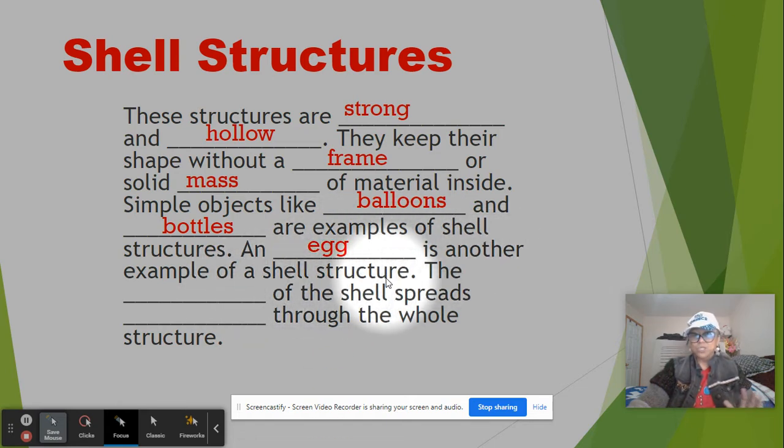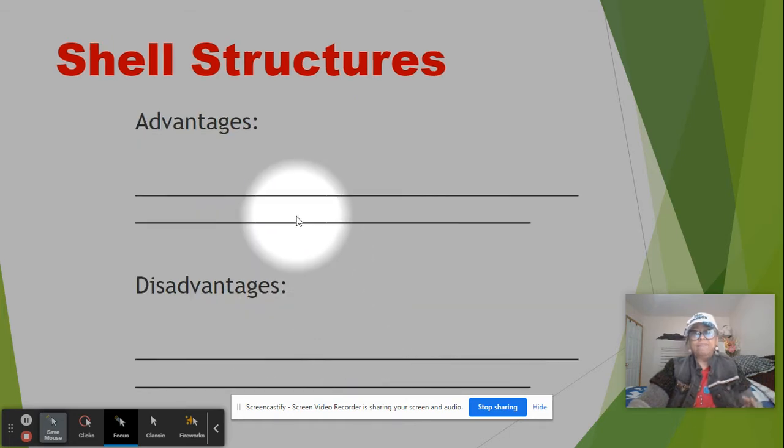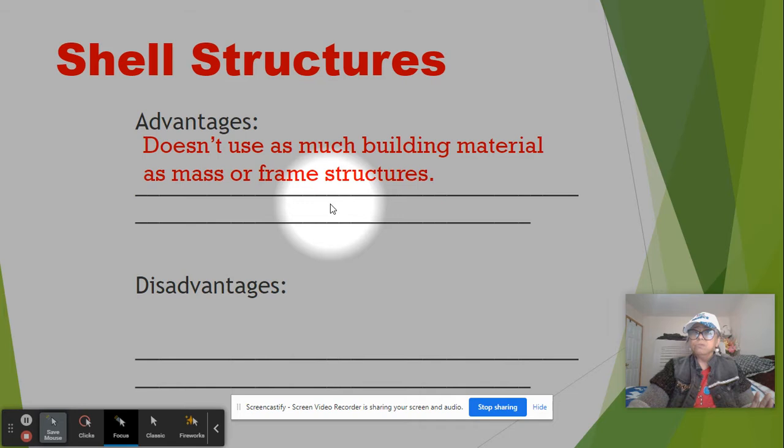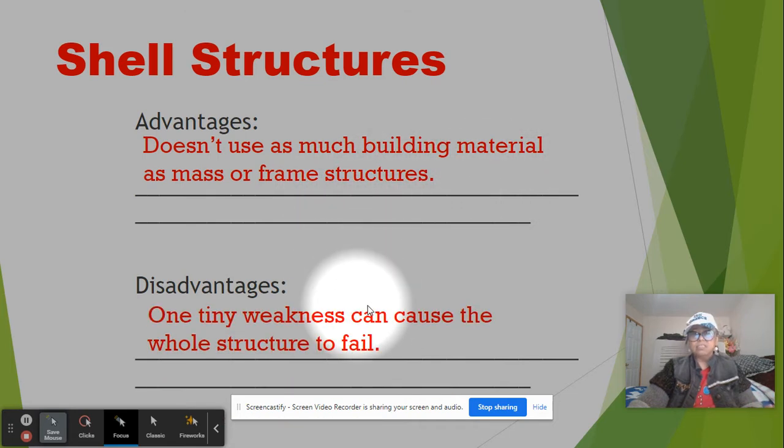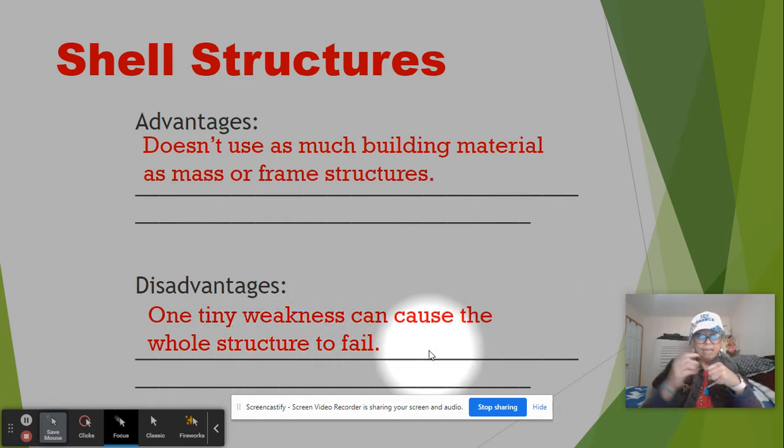The design of the shell spreads the weight through the whole structure. The advantage is that it doesn't use as much building material as a mass or frame structure, and the disadvantage would be that one tiny weakness can cause the whole structure to fail. Just imagine an egg. If you prick just one small side, what happens? The whole thing collapses.